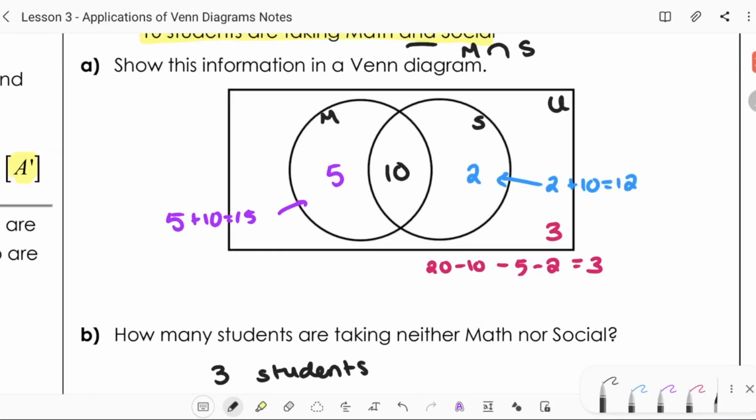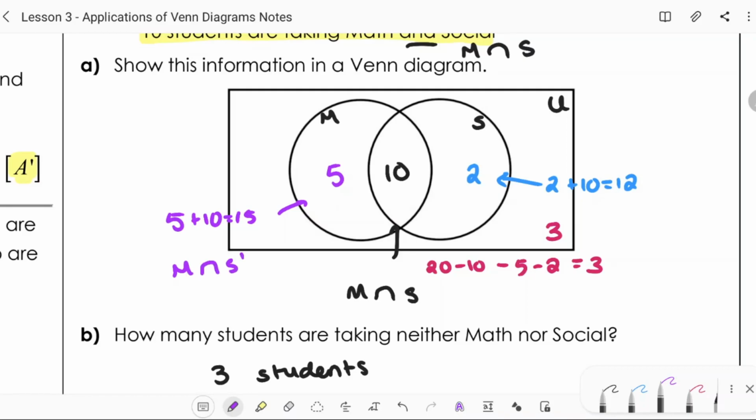Right? And again, thinking about a few of these different areas, we have our intersection here. So this is M intersect S. Over here on the left, this would be M intersect S prime, right?